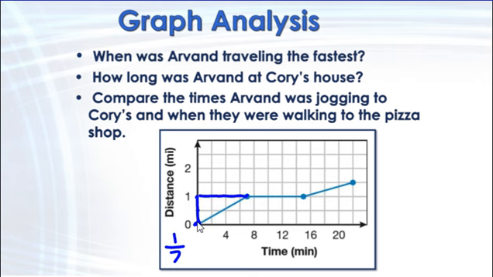So 1 mile over 7 minutes would be your rate for the beginning. And over here, at the end, he was at 15. So he went up half a mile, and he went across, so he went from 17 to 22. So 17 to 22 would be 5. So this is a rise of half over a run of 5.